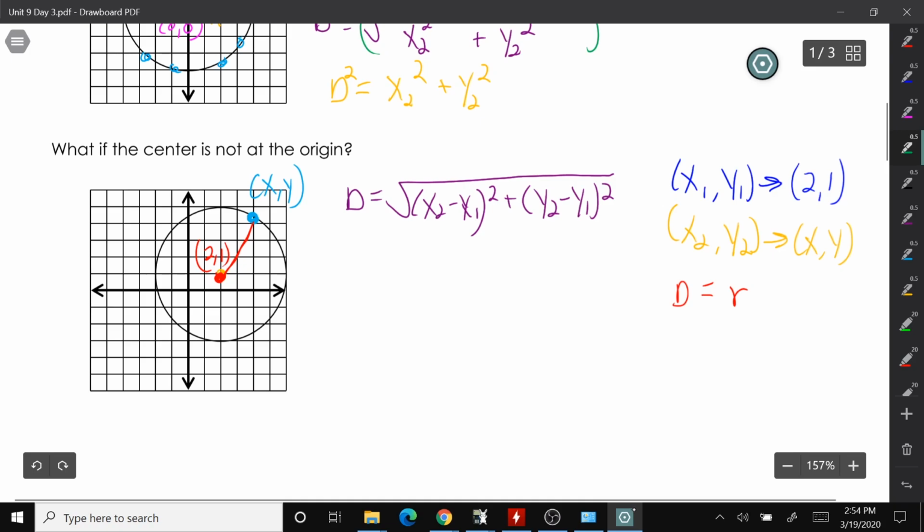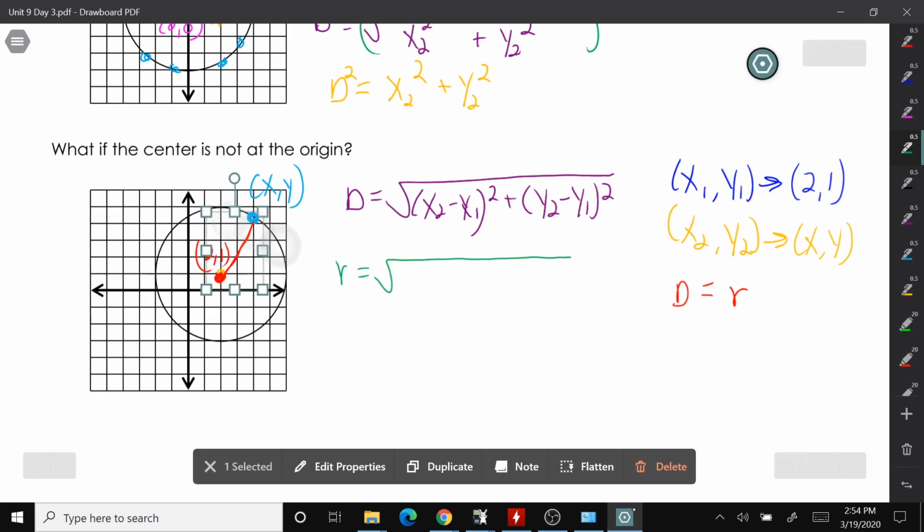So then we can plug these things in. We get r equals the square root of x minus 2 squared plus y minus 1 squared.